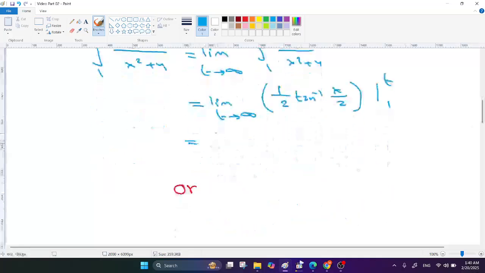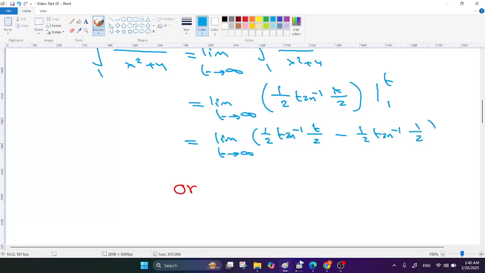So substituting, the limit as t approaches infinity of 1 over 2 tan inverse of t over 2 minus half tan inverse of 1 over 2. Here this is a constant, so we don't have a problem with that.